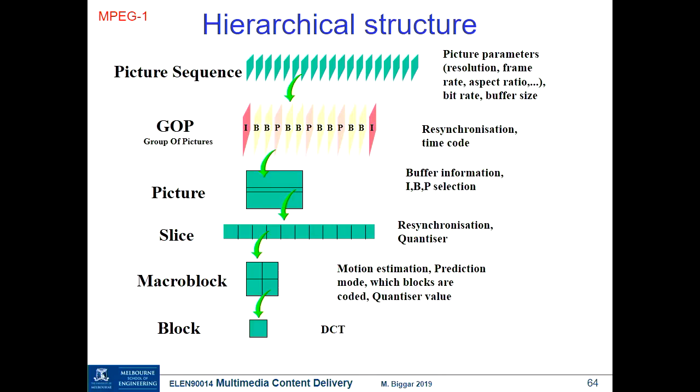So we have slices, which is the term MPEG used for a group of macroblocks. A slice could be across the whole picture, or just part of it, whatever your design decision. And then, as before, we split this slice up into macroblocks and into the blocks that go to the DCT.